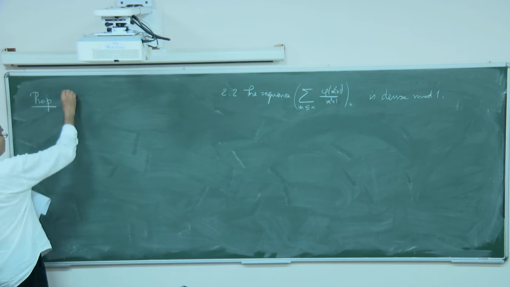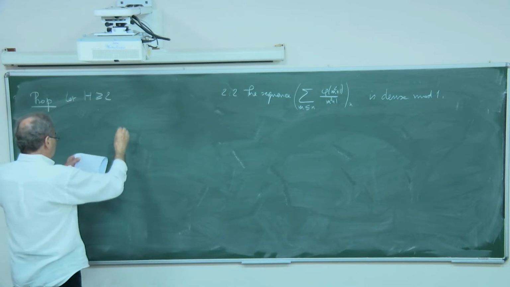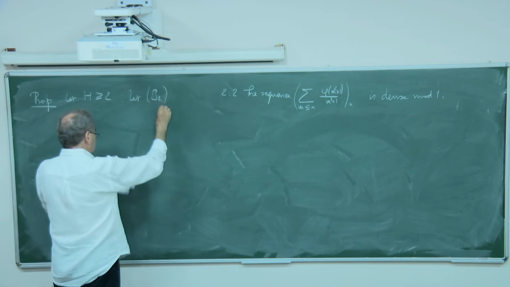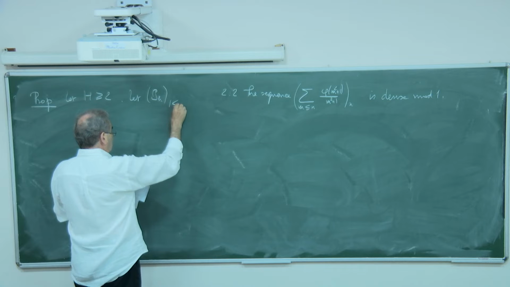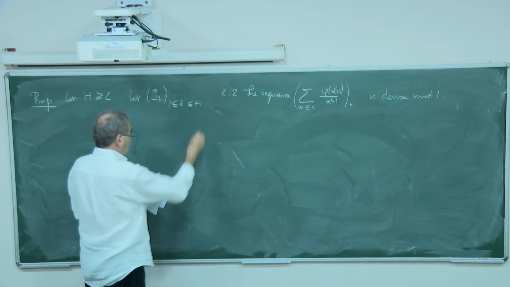So proposition, let H be given, which is at least 2. Let P_H be a family of sets of primes, pairwise disjoint. So now this has nothing to do with the Lucas-Schinzel problem, what I'm writing.